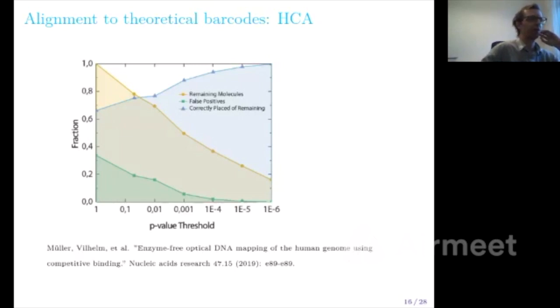So we found out that we had to use quite a small p-value threshold to get the number of false positives in our alignments to be quite small. But this decreased the number of useful molecules maybe to 20%, so it's maybe a fivefold loss. But then we had a much better guarantee that what we have mapped was mapped to the correct place. So that rose almost to 100%.